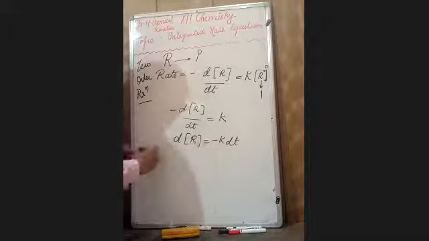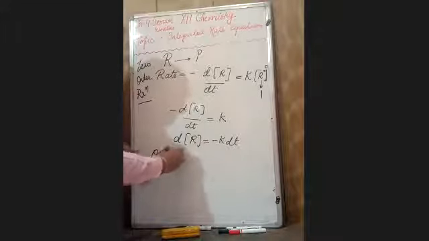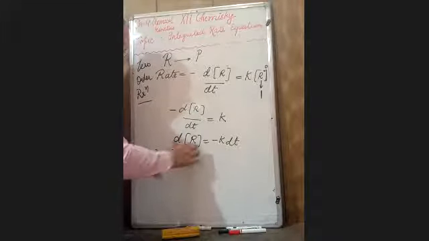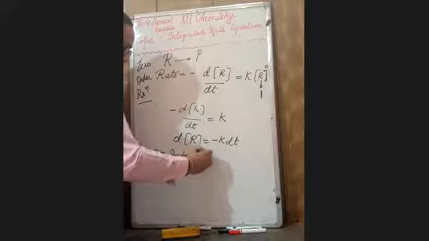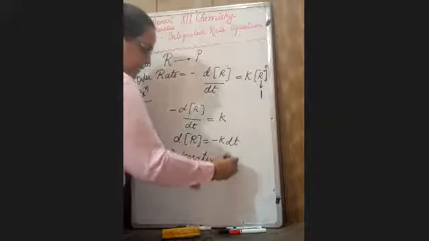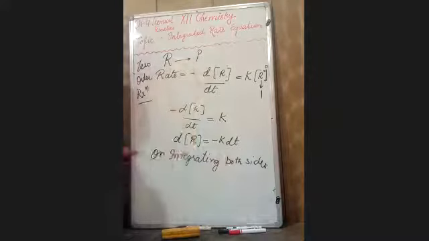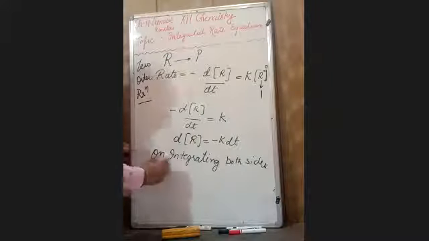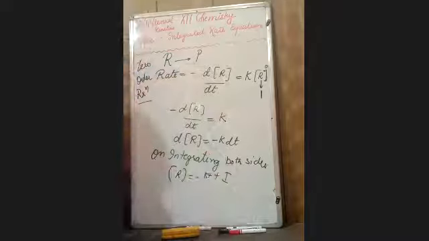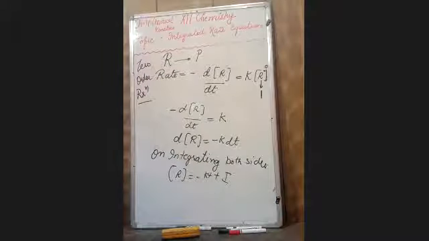Now integrate this equation. On integrating both sides, because this is the differential rate equation, what will it come to? It will be R is equal to minus kt plus I. I is the constant of integration.